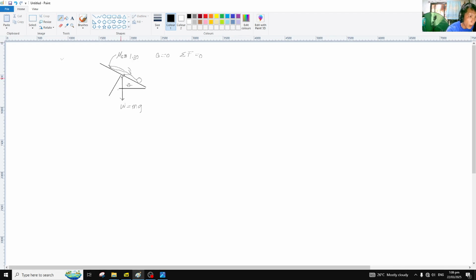That's why we call it the normal force, N. And your N is connected to your frictional force. There is a frictional force holding the patient so that they will not slip, so that should be going up. So this is your frictional force, F. I think there are no other forces.